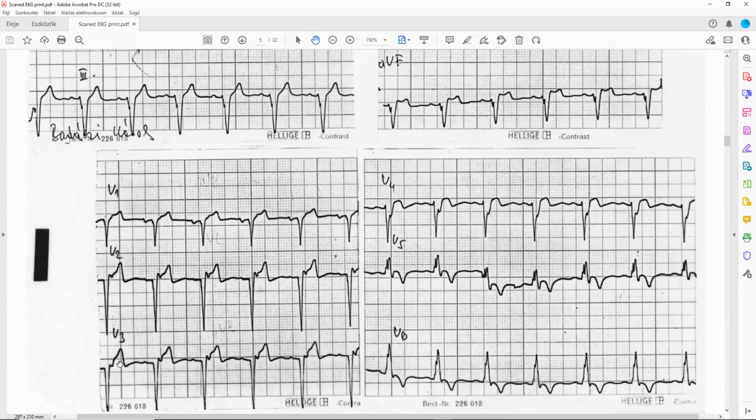There's a steep decrease in the Q wave. How do you call this kind of wave? It looks like a ladder. QS complex. QS complex is a pathological Q wave. Okay, go on. What does it mean?